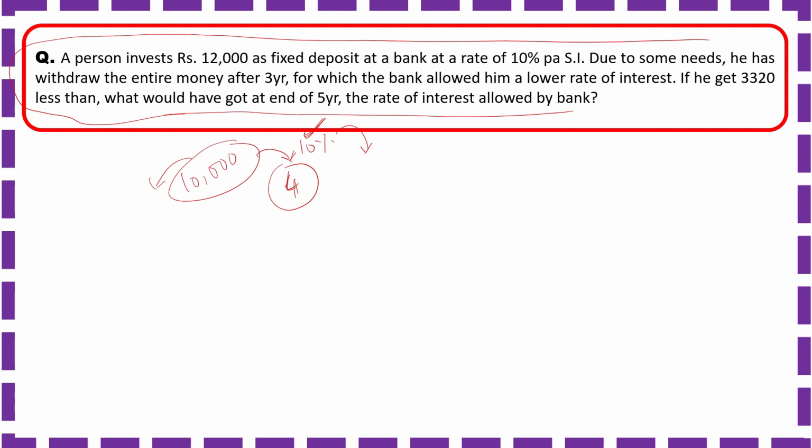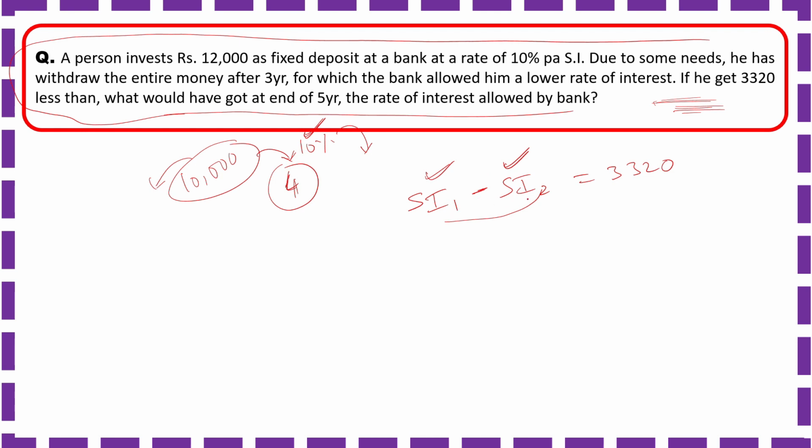So we must calculate the rate of interest of the bank. What is that 3,320? He got 3,320 less than what would have got at the end of 5 years. It's the difference between two simple interests, the simple interest for 5 years and the simple interest for 3 years.